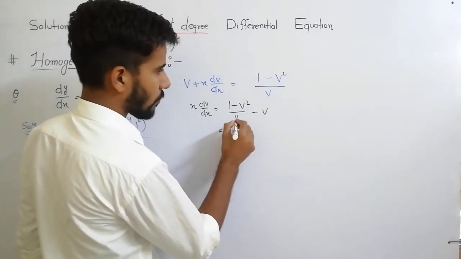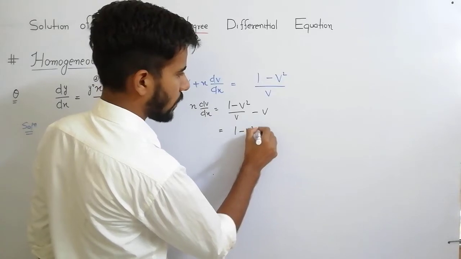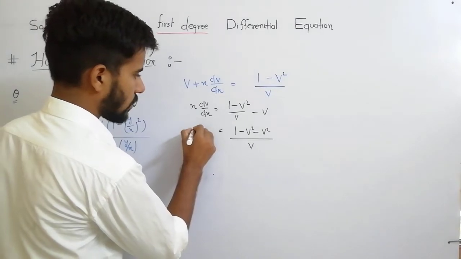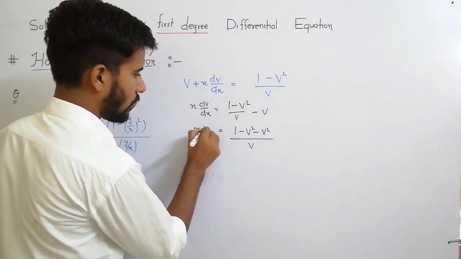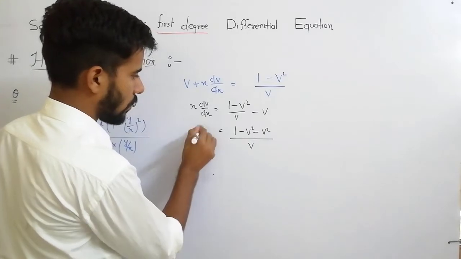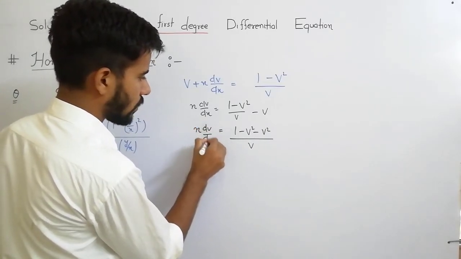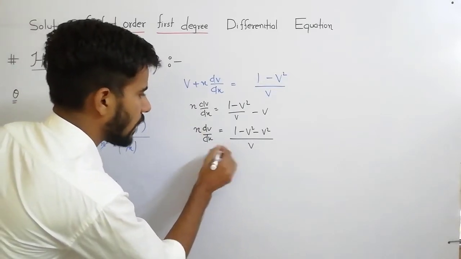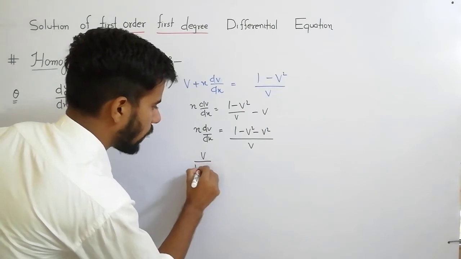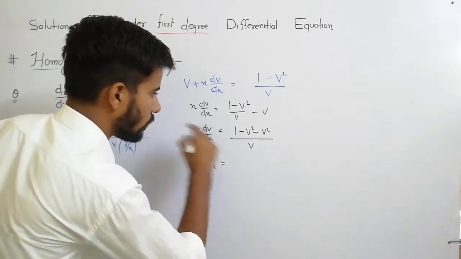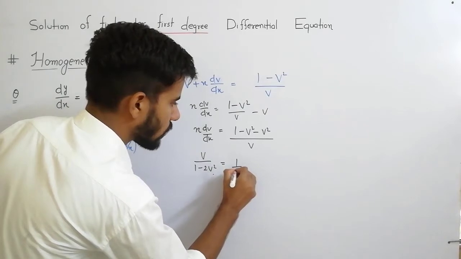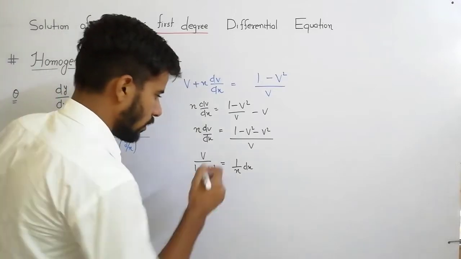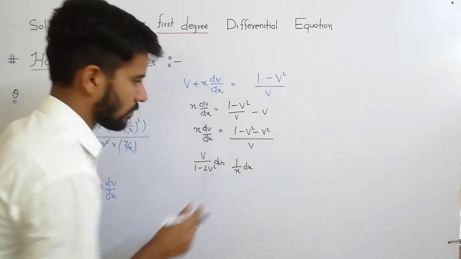Then 1 minus v square minus v square upon v is x dv upon dx. Now the equation can be written as v upon 1 minus 2v square dv is equal to 1 upon x dx.